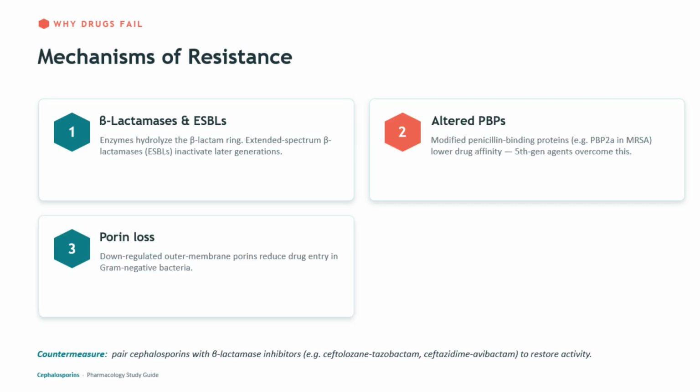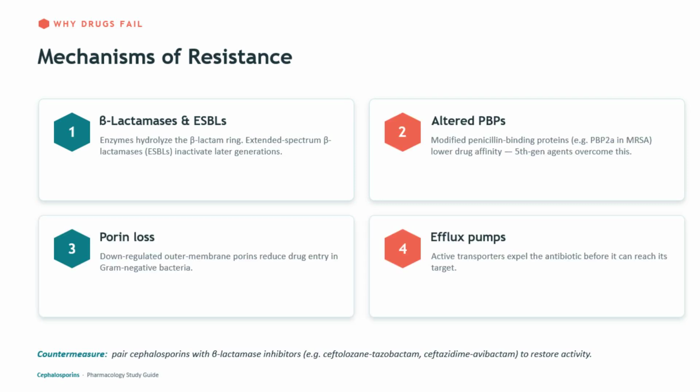No antibiotic lecture is complete without asking the hard question: why do these drugs fail? There are 4 main mechanisms of resistance. First and most important, beta-lactamases, enzymes that hydrolyze the beta-lactam ring, and their extended spectrum cousins, the ESBLs, which can inactivate even the later generations.